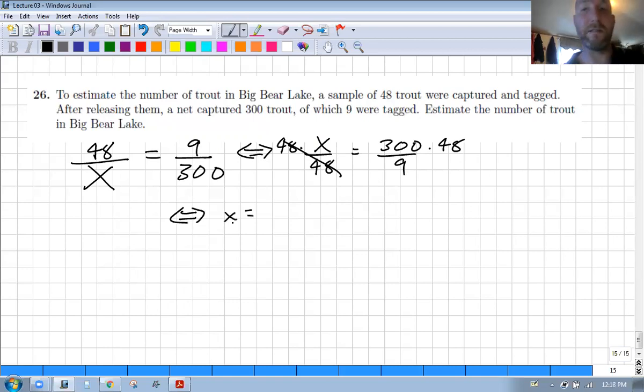So X is 300 times 48 divided by 9, which is 1,600. It's a neat trick, right? You just reach in, tag some of them, and then later catch a bunch, see how many are tagged. And because of proportions, you can estimate the number of fish in the entire lake.